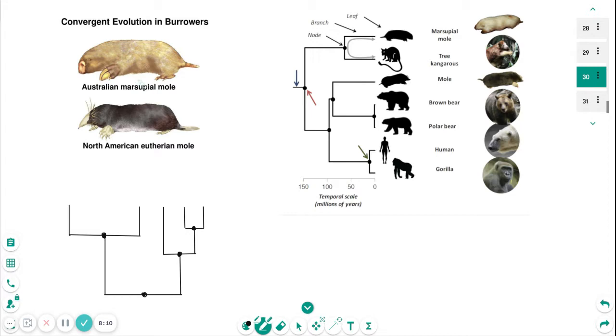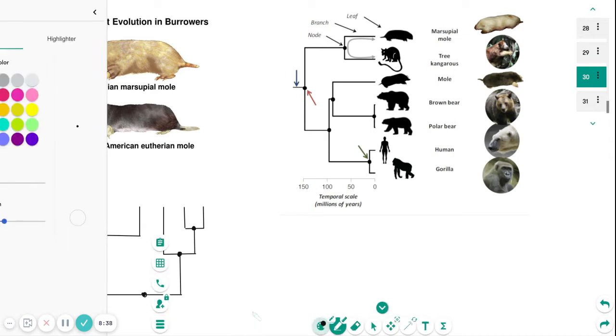And they might have come across these things, oh, here's a marsupial mole, an American mole, and they've got really similar features. They've got this hard nose to help them burrow. They've got a round, cylindrical body to help them burrow down into the ground. They've got these tiny little eyes, can't see much. They've got these claws. So you wouldn't blame them for thinking maybe they shared a common ancestor.